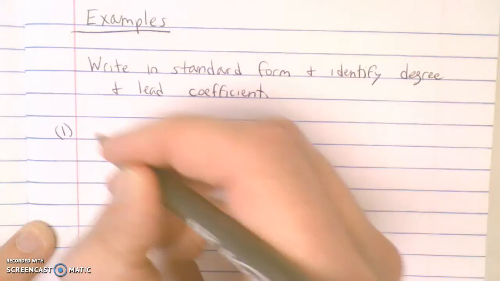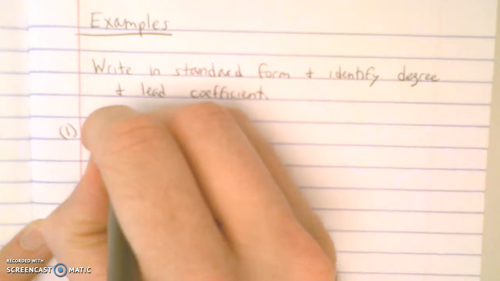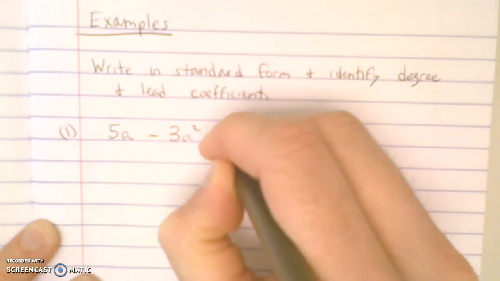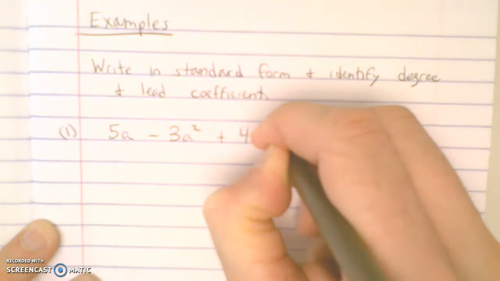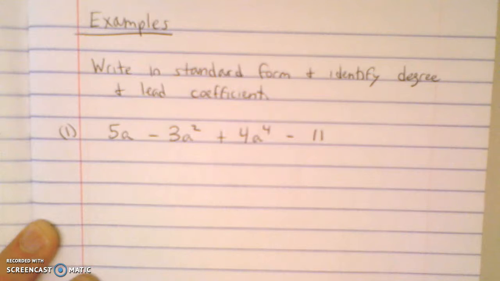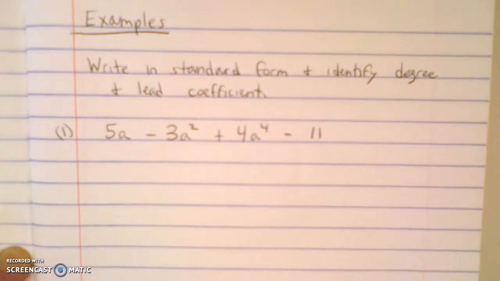So here's our first one. 5a minus 3a squared plus 4a to the fourth minus 11. So we have to write that in standard form and then identify the degree and lead coefficient.